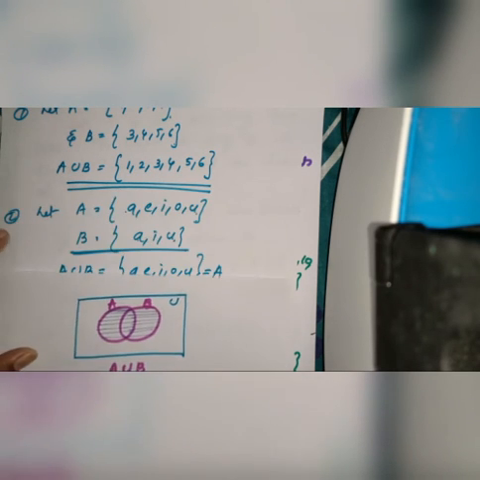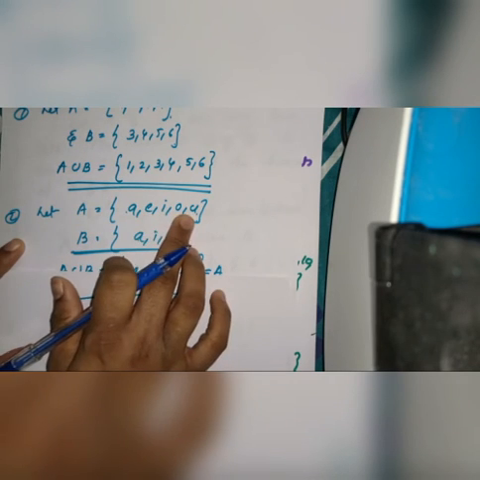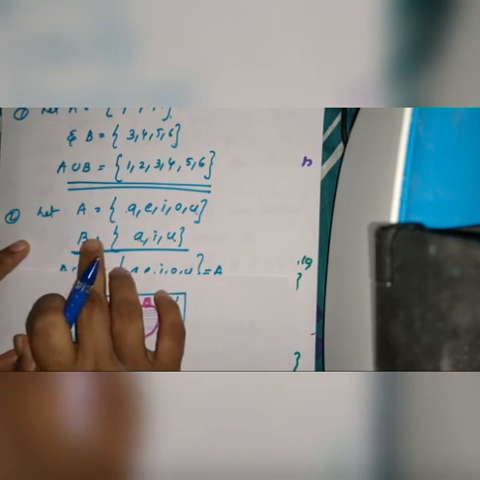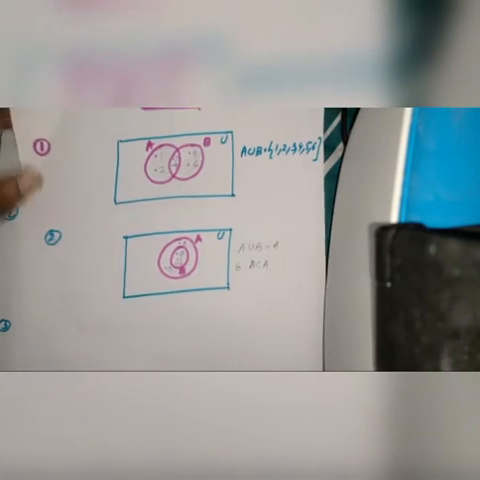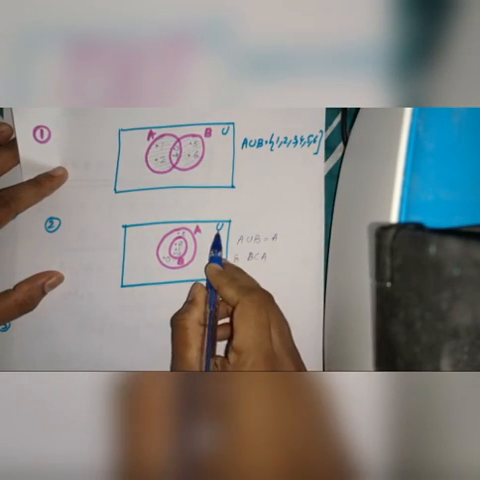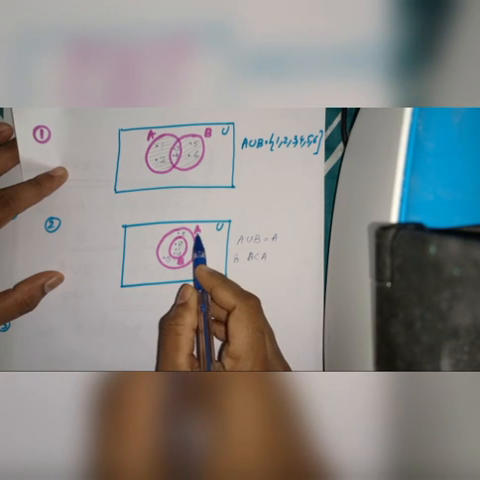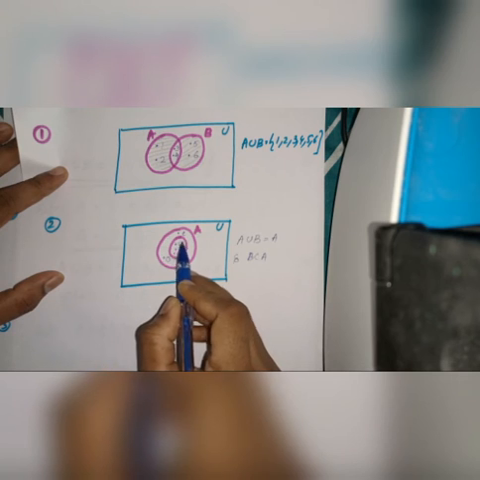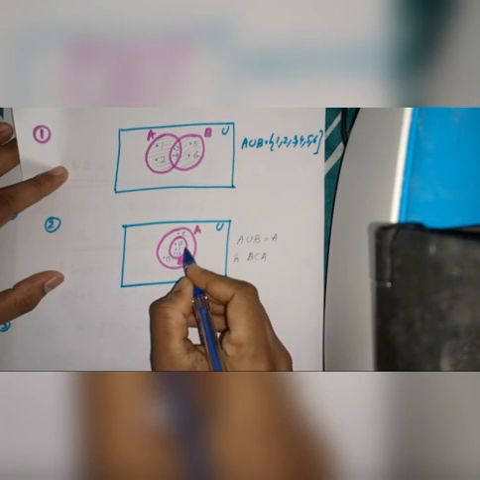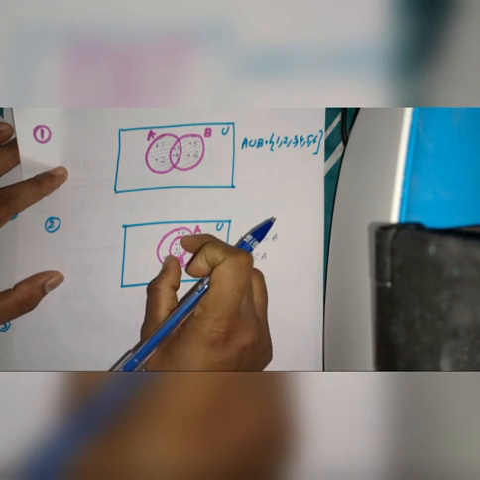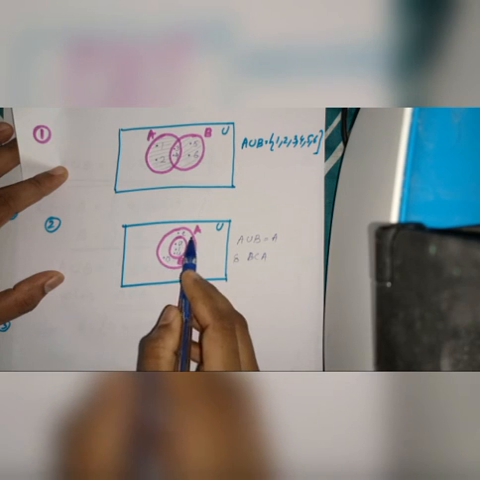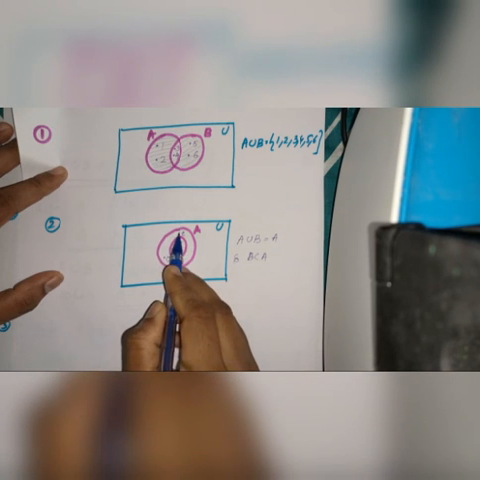Okay, so the next example: A is equal to {a, e, i, o, u} and B is another set {a, i, u}, and from this we can see that B is a subset of A. So we draw a universal set U, and first we draw the set A, and we know that B is a subset of A. That means all the elements of B are present in A. So we draw the second circle inside, because all the elements of B are present in A. First we mark the elements of B: a, i, u, and the rest of the elements of A are outside this inner circle, that is e, o.